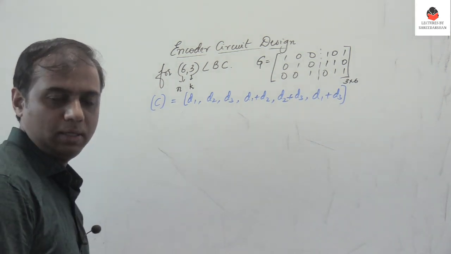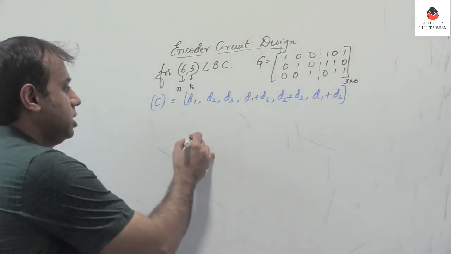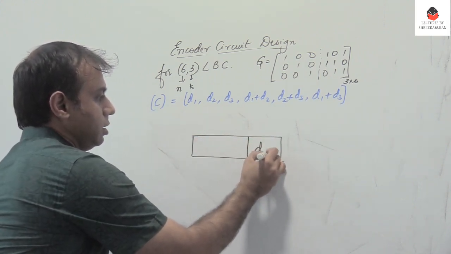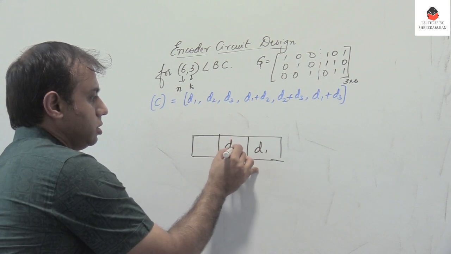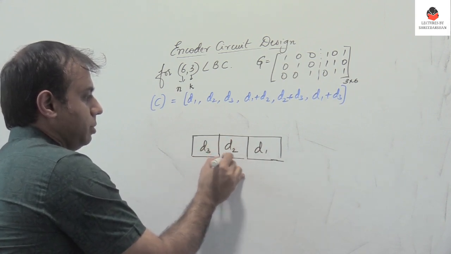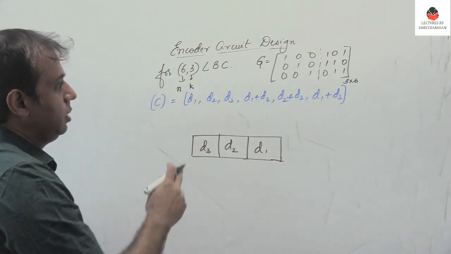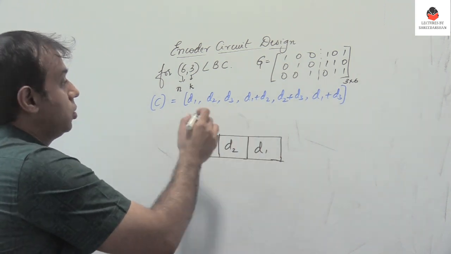Now how do we design the encoder circuit? That's very easy. We have 3 data bits, D1, D2, D3. I'm writing the bits from right to left because it's much easier. And then you have how many code bits?